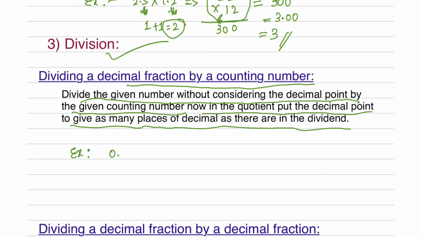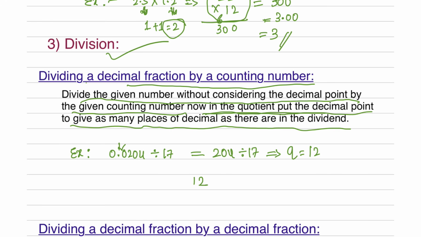Let's take 0.0204 divided by a counting number, means whole number, I will take 17. Now first divide it without considering the decimal point, means 204 divided by 17. So when you divide this you will get a quotient of 12.